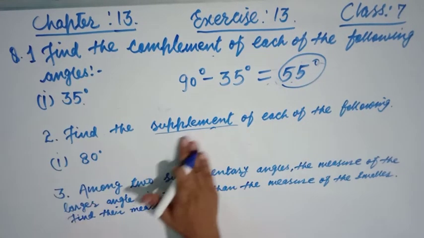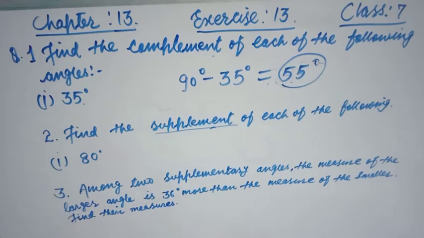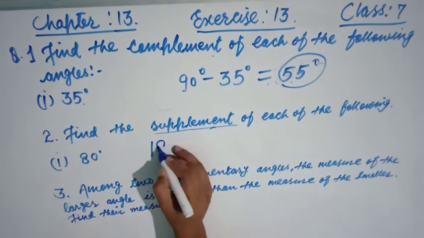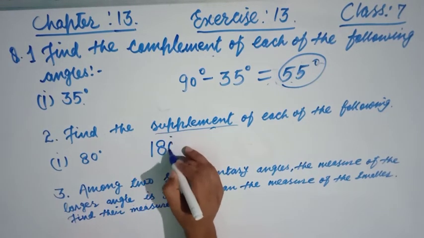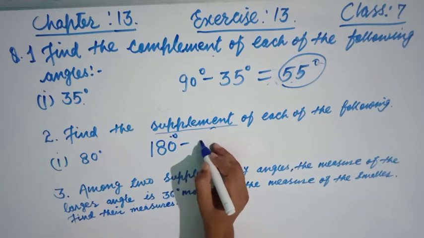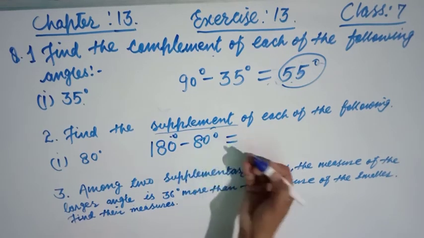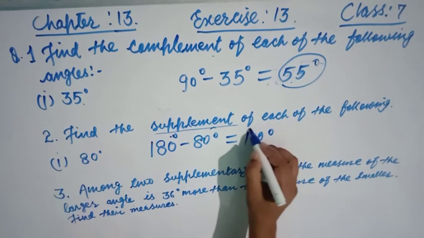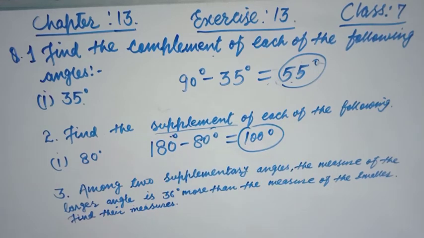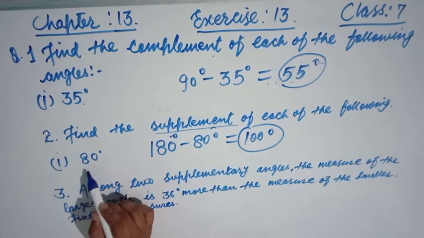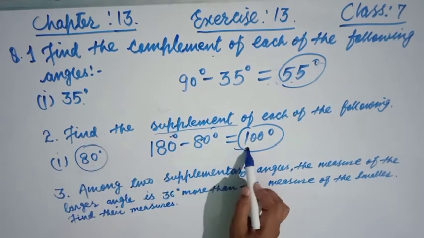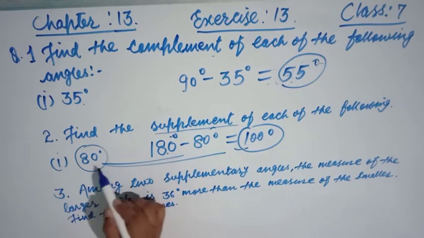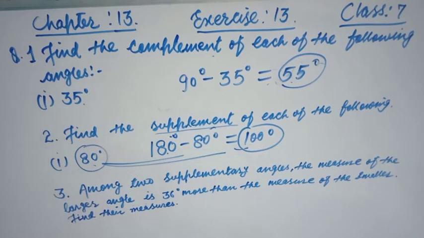Similarly, if you have to find the supplementary angle and one angle is given, the other supplementary angle is simple. We have to subtract 80 from 180, so the result is 100. So 100 is the supplementary angle of 80 degrees. The sum of these two angles is 180, so we can say 80 and 100 are supplementary angles.